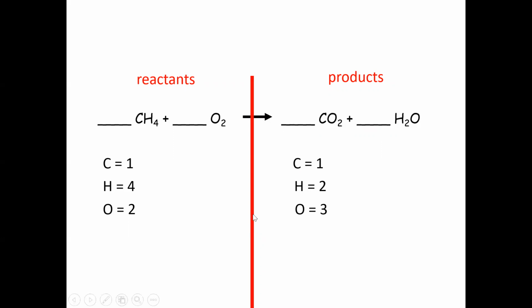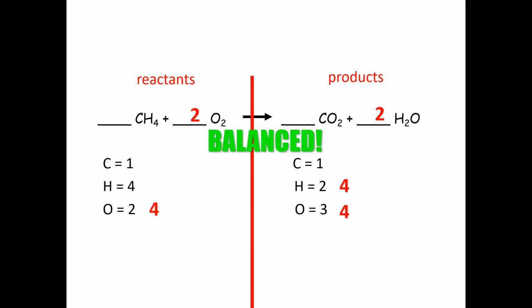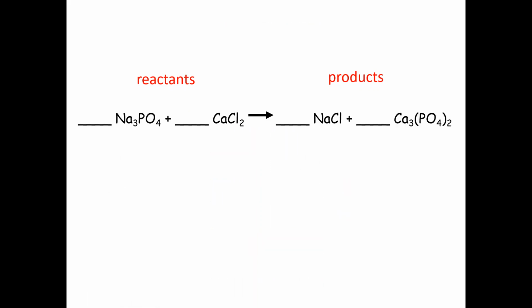If you want to turn hydrogen into 4, then you could put 2 in front of water. You've now got 2 times 2, which is 4 hydrogens. And you've now got 2 times the 1 oxygen here, which is 2, plus the 2 there, you've got 4. And to make sure that you've got 4 oxygens on this side, you can put a 2 in front of the O2. You've now got 2 times 2, which is 4 oxygens on that side, and your equation is now balanced.